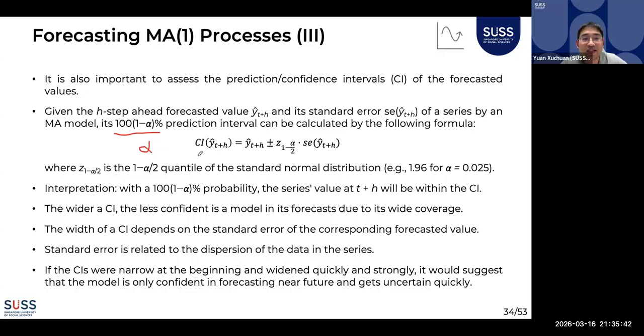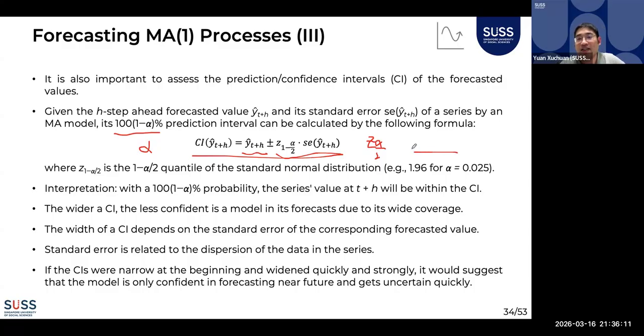So this confidence interval of your forecast value will be an interval: this is the mean of your forecast, plus or minus the error term. Sometimes we use z of alpha divided by 2, and some textbooks will use z of 1 minus alpha divided by 2.